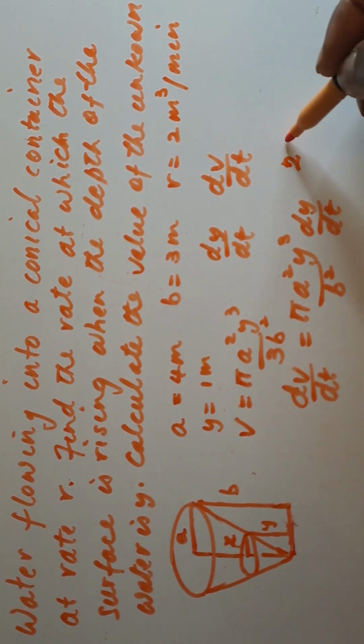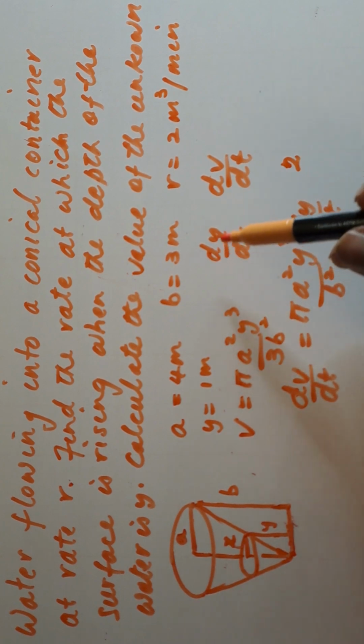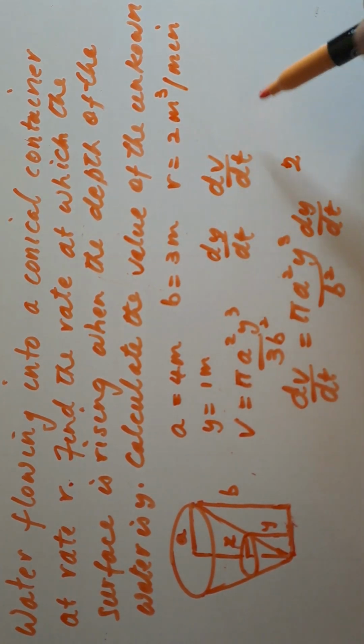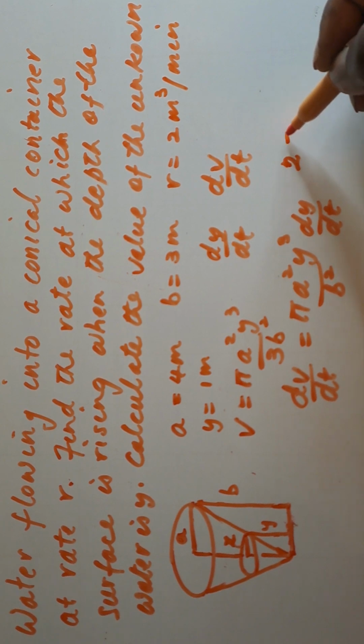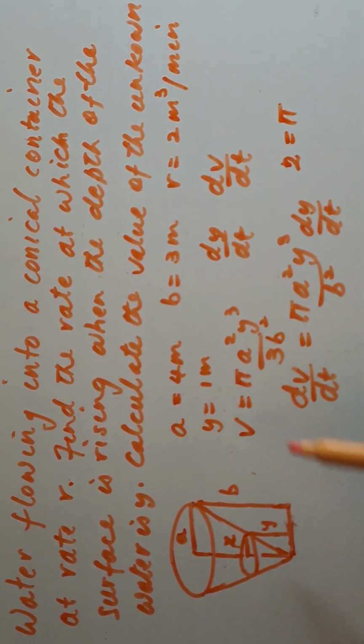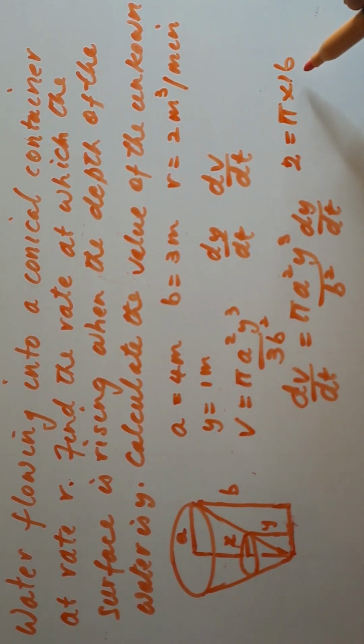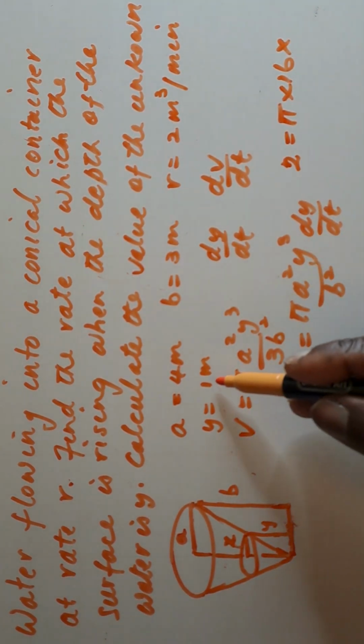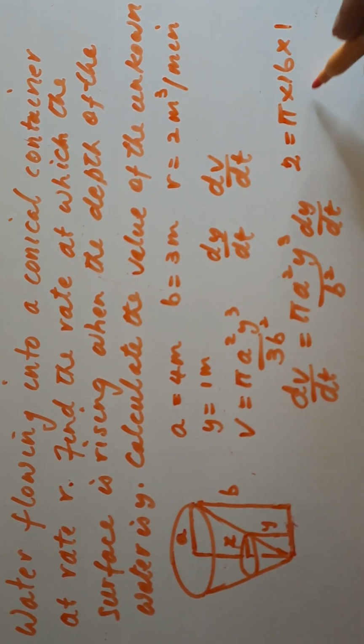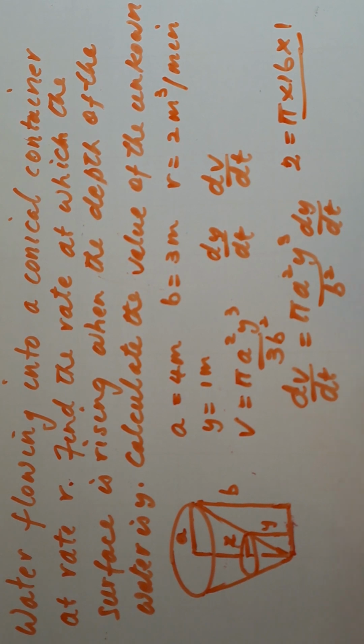So we have that 2, which is r, the rate of change of water per minute, is equal to pi a squared, which is 4 squared, which is 16, times y cubed, which is 1 cubed, which is 1, over b squared, which is 9, multiplied by dy/dt.